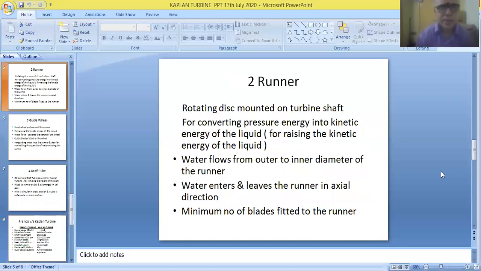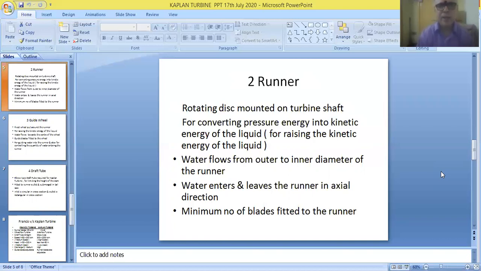And the runner is a very vital component of the turbine. A rotor mounted on the shaft of the turbine is called a runner, and a number of blades are fitted around the periphery of the runner. They are called runner blades. It is used for raising the kinetic energy of the liquid, and water will be flowing from the outer diameter to the inner diameter of the runner, entering and leaving the runner in axial direction.